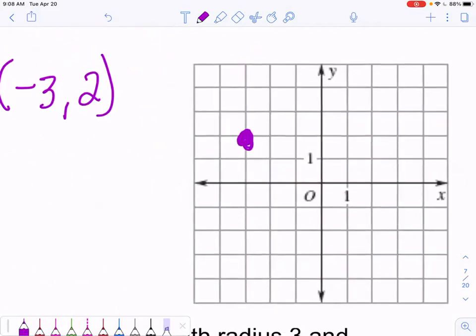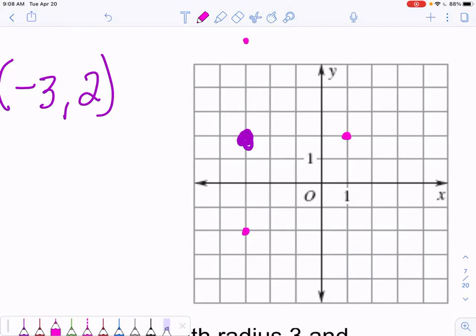To graph a circle, it is the set of points that are the same distance from the center. So Hannah said the radius is 4. If I move a distance of 4 from the center, 1, 2, 3, 4, to the right, I now have a point on the edge of the circle. I can move to the bottom and get a point on the edge of the circle. That is a distance of 4 from the center.